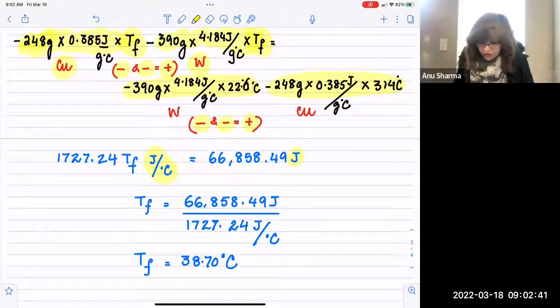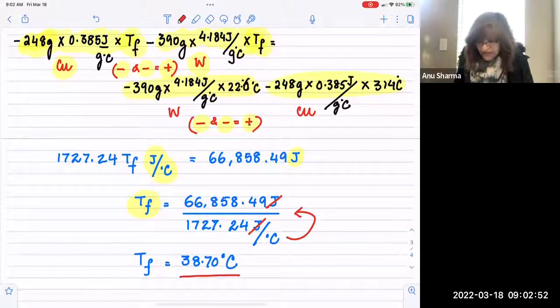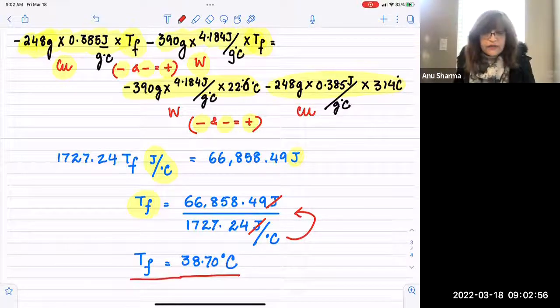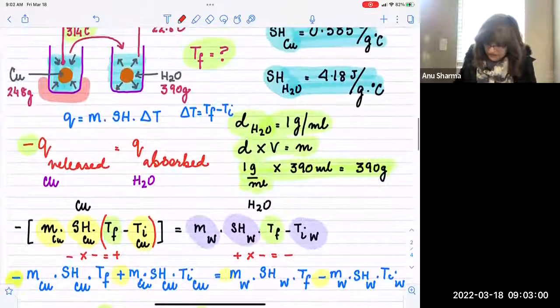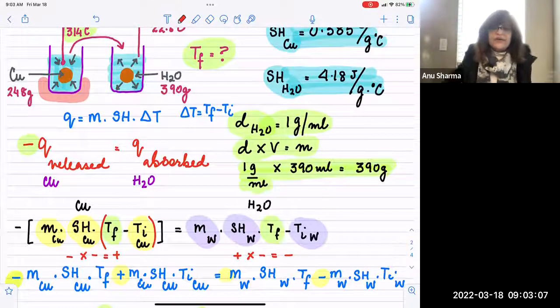So when you solve for T final, the joules and the joules cancel out, and this becomes degrees Celsius. So your answer is 38.70 after you solve it. Just follow this, break up the problem in this fashion, then the signs and the units cancel out in this way. Okay, thank you.